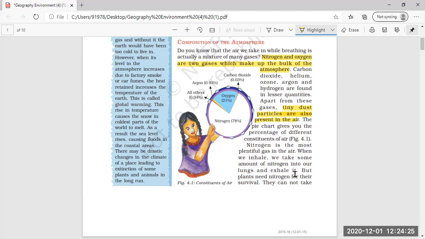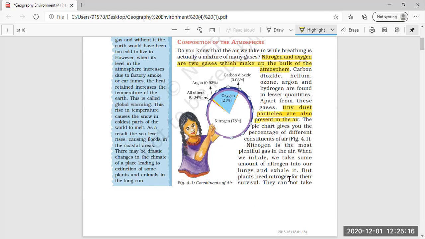When we inhale the air, we take some amount of nitrogen into our lungs, and we take the same thing out when we breathe out.